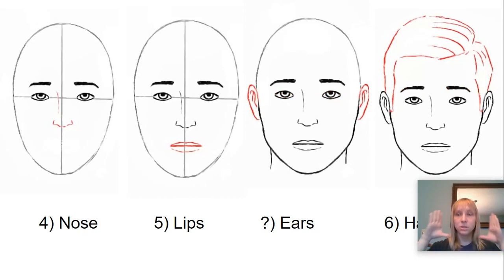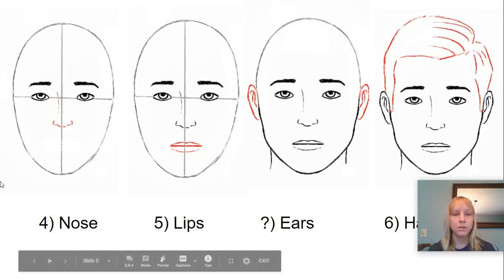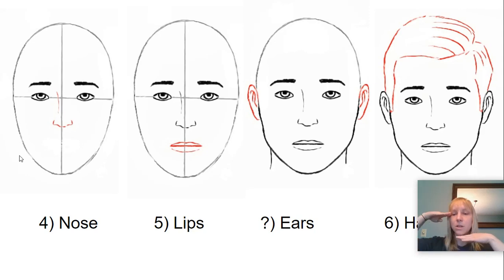After we do the head and the eyes, next it's time for the nose. The bottom of your nose goes right along halfway between your eyes and your chin. Noses are a little tricky to draw, so take your time, really use your eyes and observe the different parts.